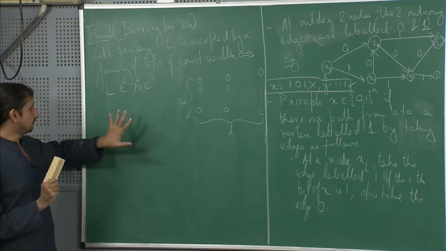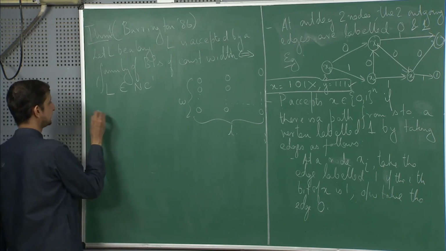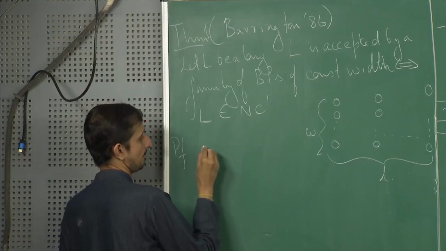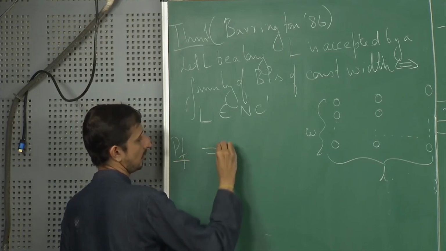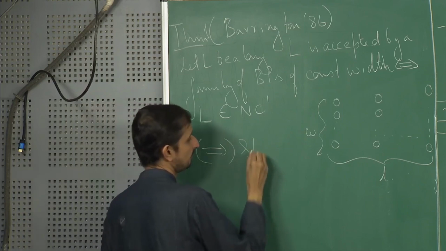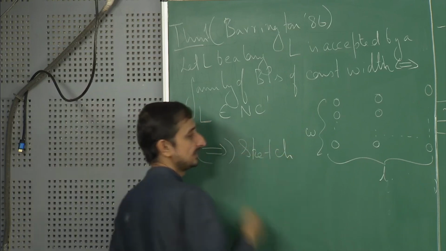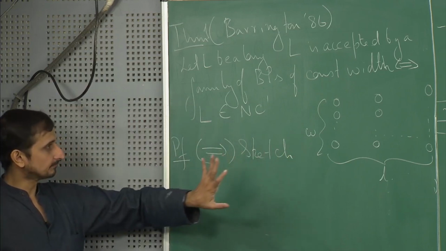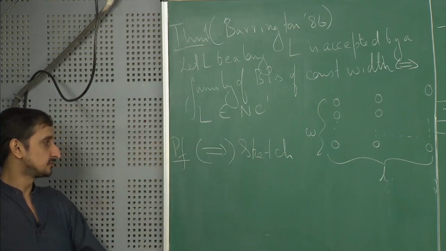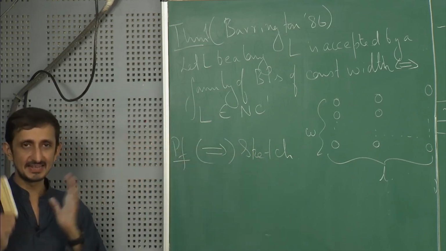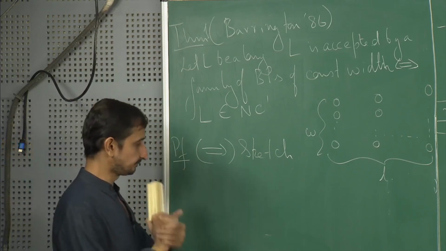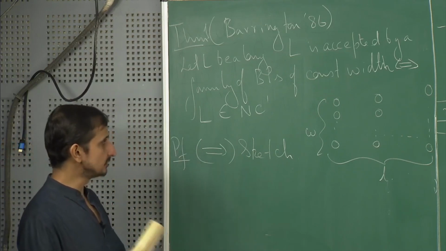So this is basically a sketch of the proof of the forward direction. As homework, you can formalize exactly what the NC1 construction would be, but this was something that was believed.